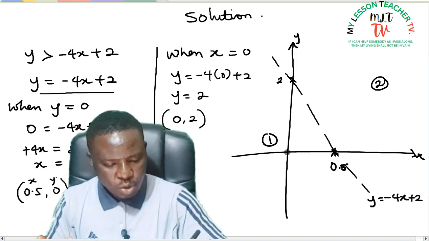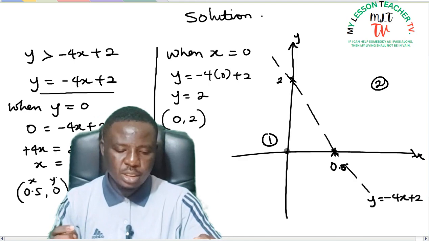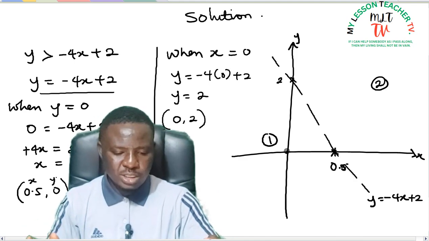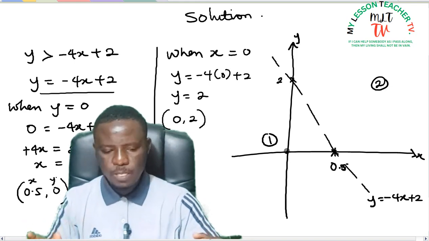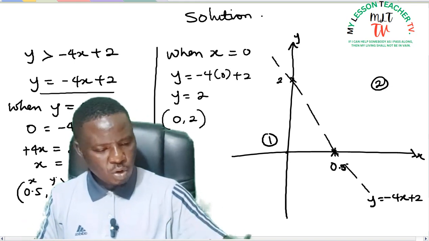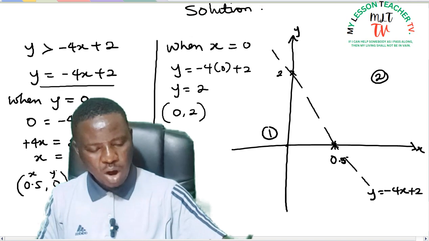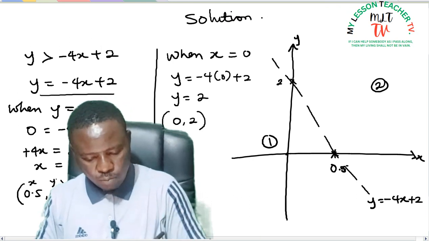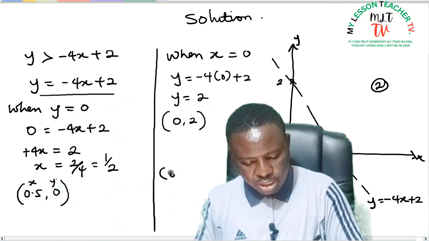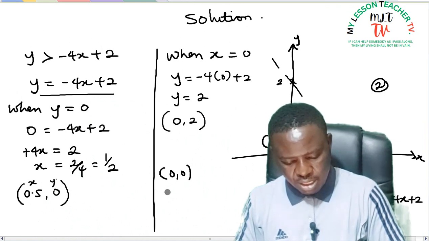Just like I said, we'll pick the origin. I always prefer to use the origin because it is one point that you can always determine if it is in region 1 or region 2. So we shall use the coordinates of this point to determine if region 1 satisfies the inequality, otherwise it's region 2. So with coordinates 0, 0, let's test.